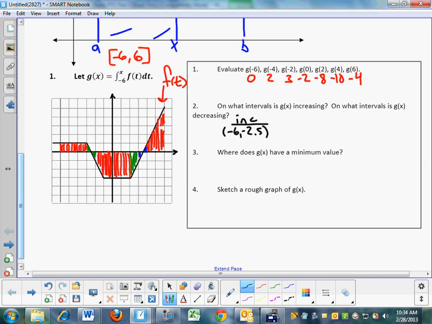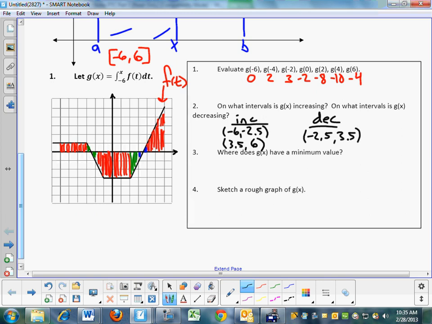When did it start increasing again? When I hit 3.5. So it's increasing from 3.5 to 6. In other words, it's increasing wherever I have area above the x-axis, and it's decreasing wherever I have area below the x-axis. So it's decreasing from the interval -2.5 to 3.5.